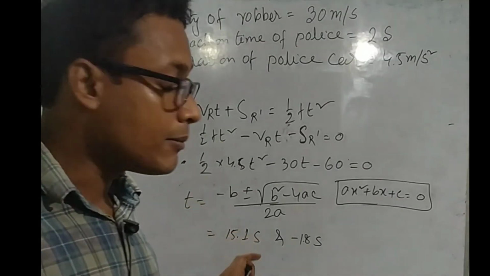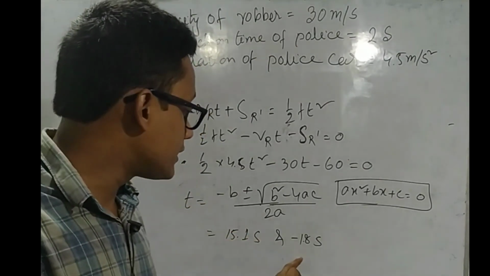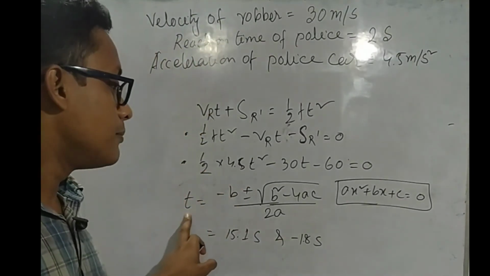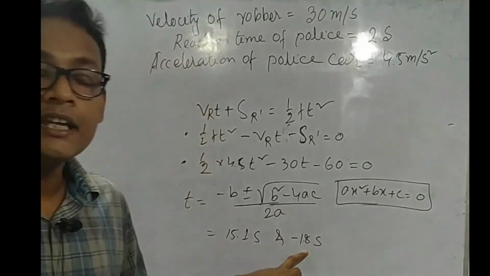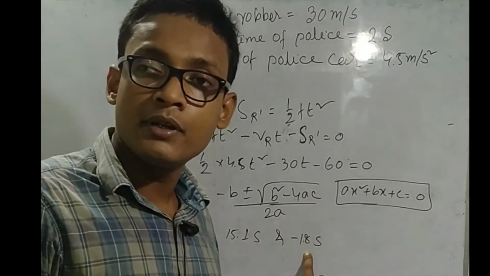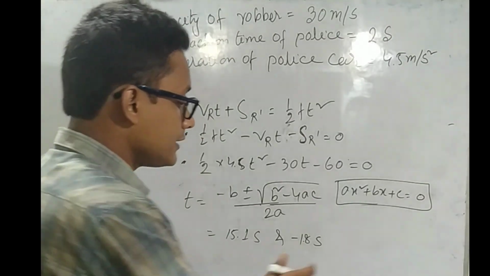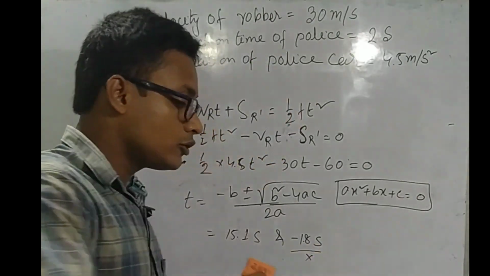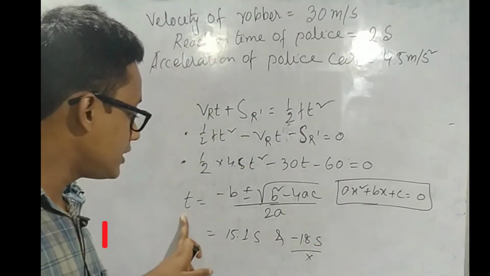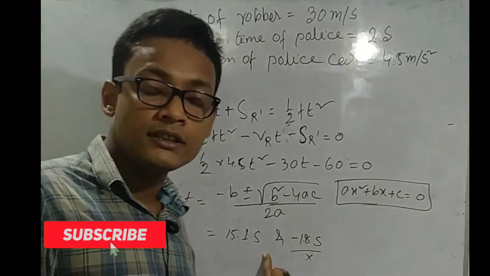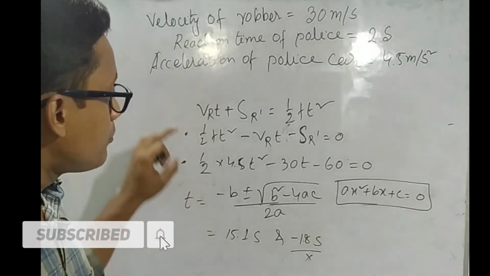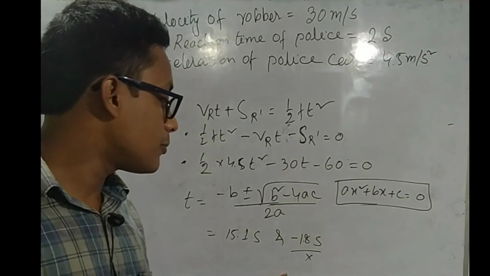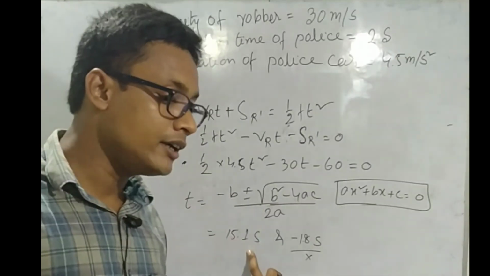Now we will talk about these two answers. We are calculating the time and this gives a negative time. Time cannot be negative, so this answer can be neglected. So our t is equal to 15.1 seconds. So we can say the police car can catch the car of the robber within 15.1 seconds.